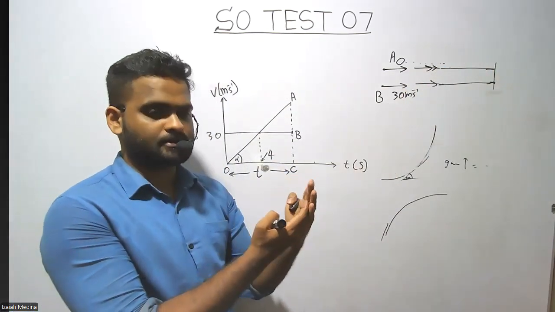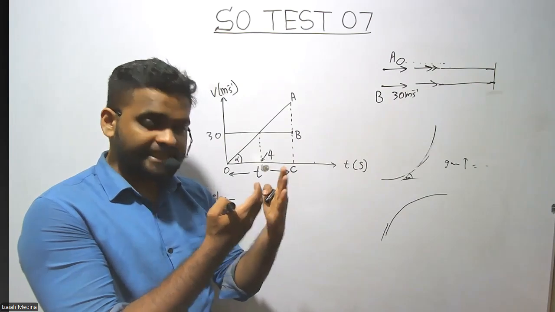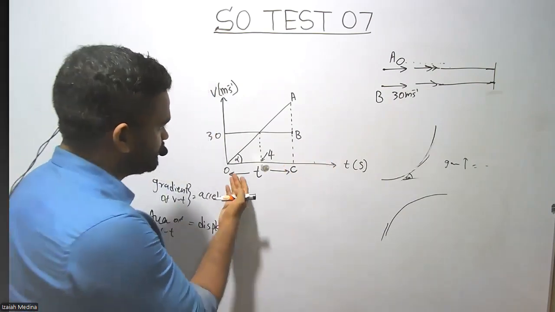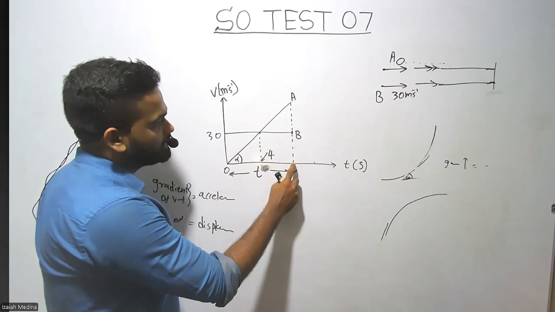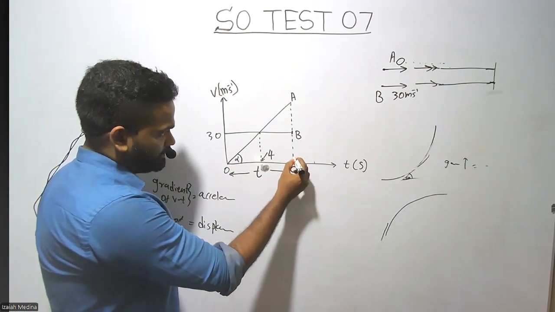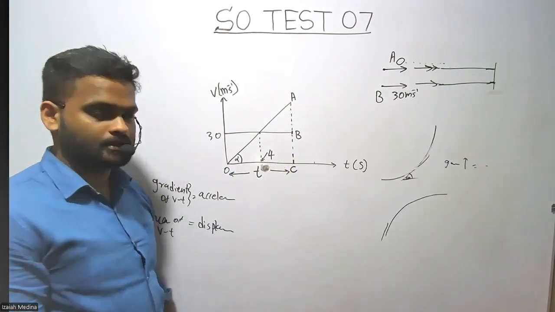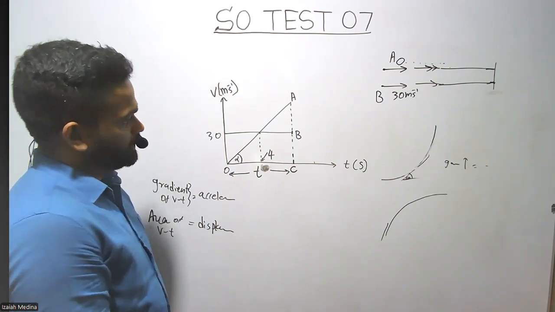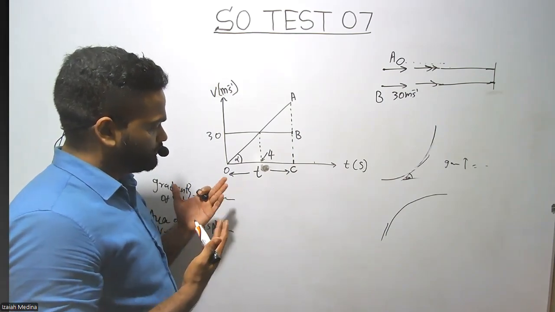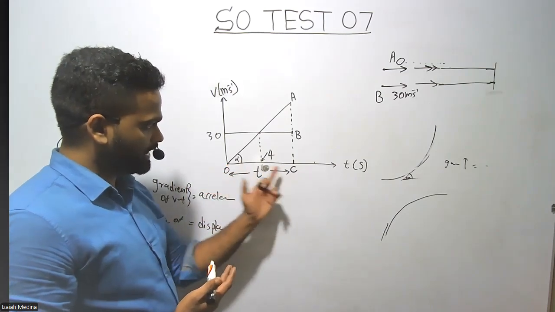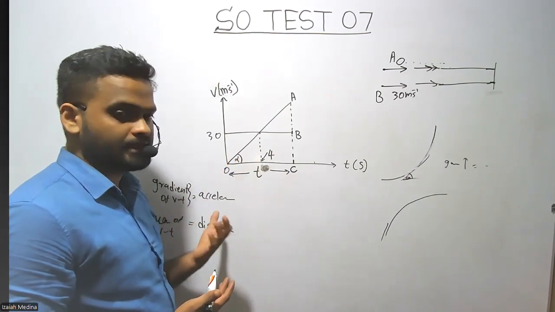The displacement of those two should be equal, right? We don't know where it is going to be equal, but let's say at time t, the areas are going to be equal, right? We have to find this time where the areas are equal, right?